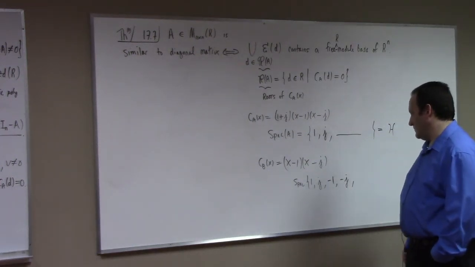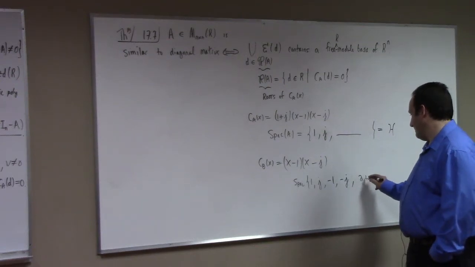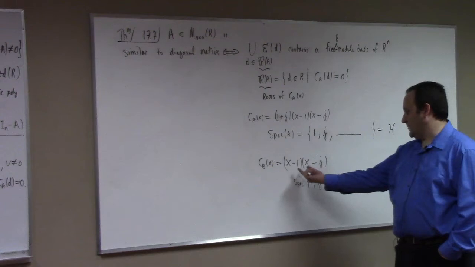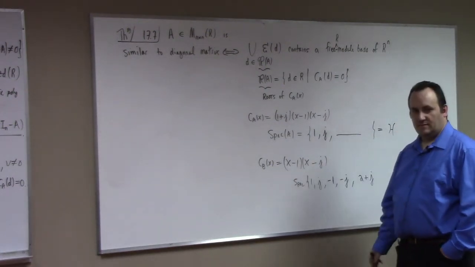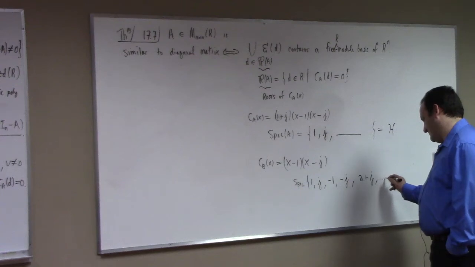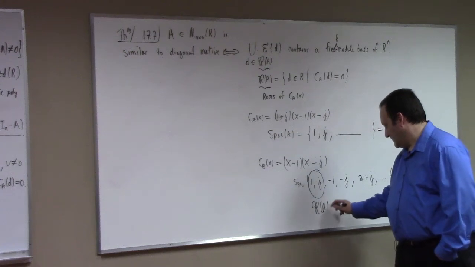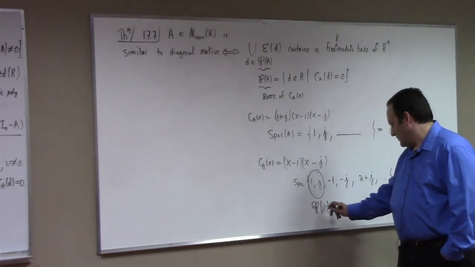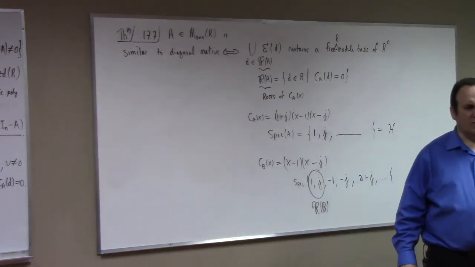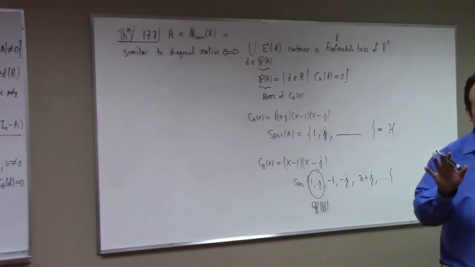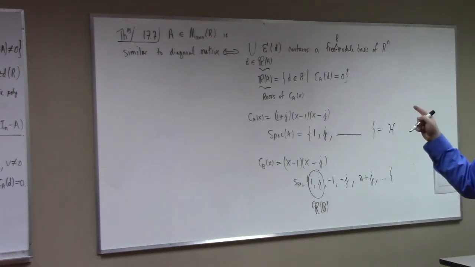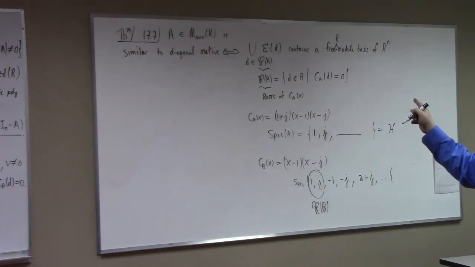What about 2 plus j? Because 2 plus j makes this into 1 plus j. But this is the roots of B, rather. Whoa, I start to appreciate how grateful I am that the theorem concerns the roots and not the eigenvalues. Yeah. Okay.